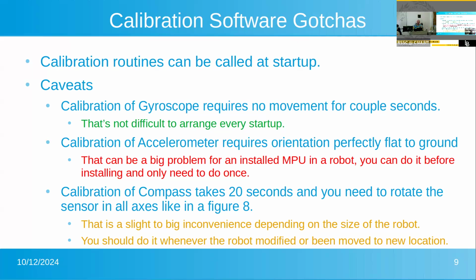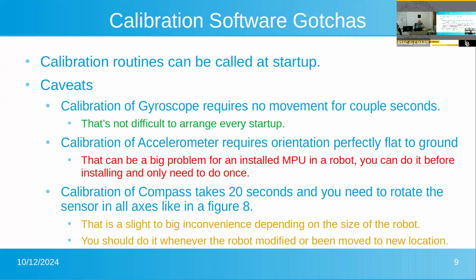For some things, as I'll tell you now, you calibrate every time you start up, because some of it's easy. In fact, here it is: calibration routines can be called at startup. The calibration of the gyroscope requires no movement for a couple of seconds.